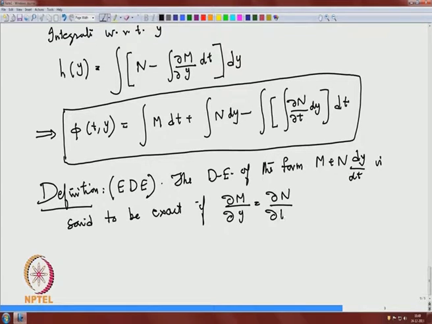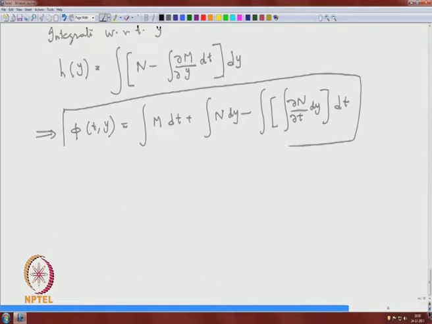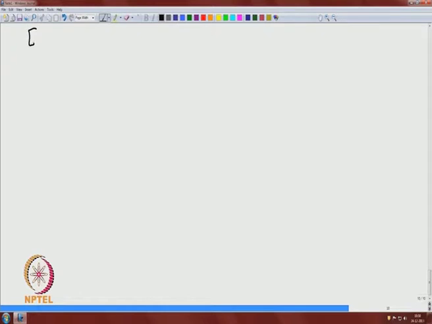You see, it is just an easy verification. If you want to determine whether a differential equation is exact or not, you just have to compute these derivatives. Okay. So, let us take a quick example.